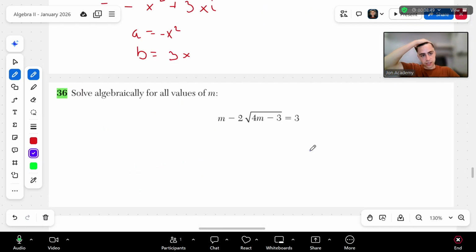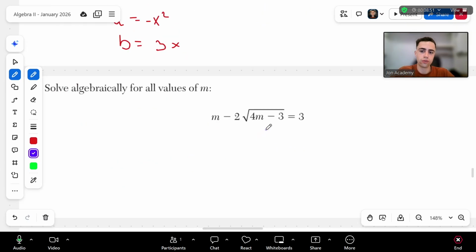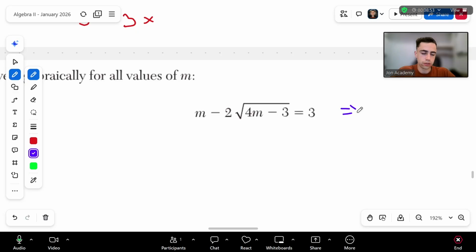Let's go with number 36, also very easy. We have to solve for m. So this is fairly simple. First, we want to leave the root alone. So let's move the m to the left side. So 3 minus m. We have this also, 4m minus 3.